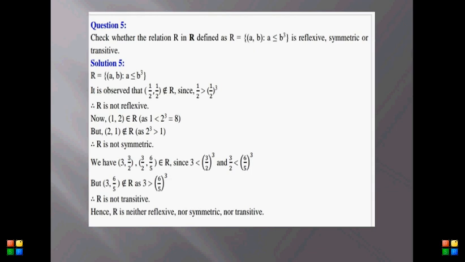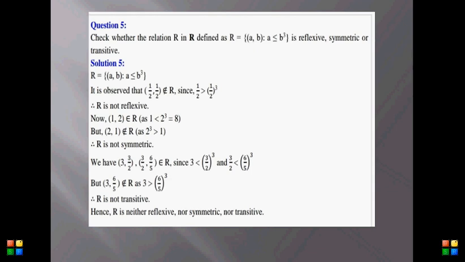Next, for transitive, we have (3, 3/2) and (3/2, 6/5) belong to R, since 3 is less than (3/2) cube and 3/2 is less than (6/5) cube, but (3, 6/5) does not belong to R as 3 is greater than (6/5) cube, so R is not transitive. Through this we say R is neither reflexive nor symmetric nor transitive.